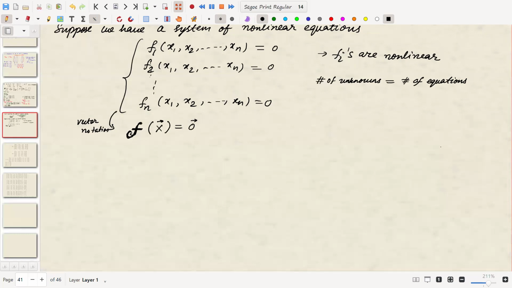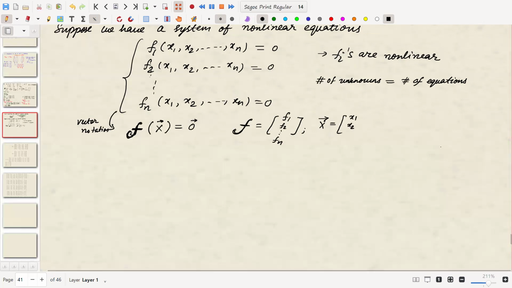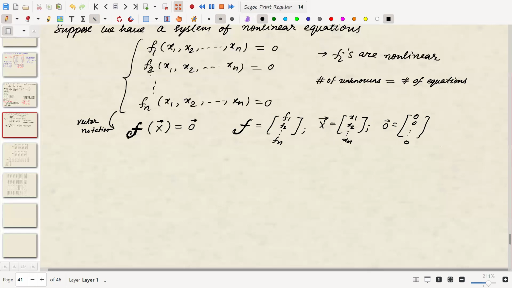Then the stylish looking F will be a vector of F1, F2, and so on up to Fn. It's just a collection, of x1, x2, xn. And of course, this 0 is a zero vector, 0, 0, and so on till 0. So this is just vector notation, you can just write in one line. Our aim is to solve this equation.